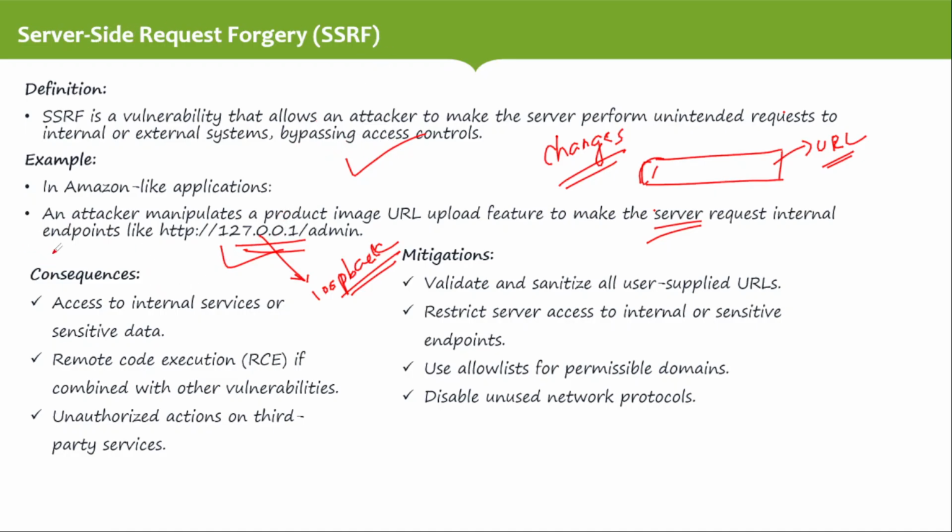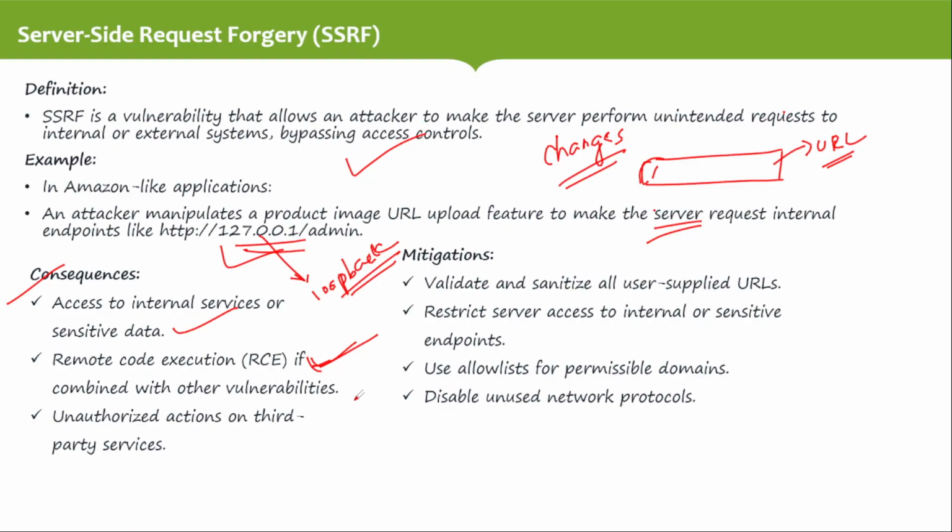So the consequences of this are access to internal services or sensitive data, or else remote code execution if combined with other vulnerabilities. Remote code execution is using backend tools or some framework, like the Metasploit framework, along with other vulnerabilities to execute code that takes access of the application, and basically the server.